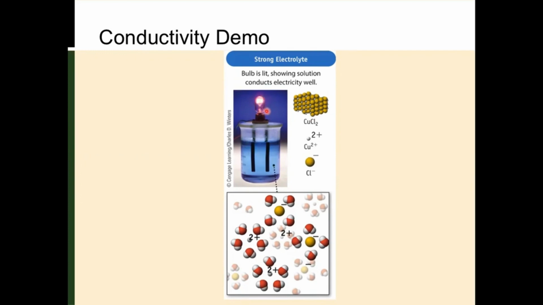This is a tungsten filament bulb, most likely, so it works as a kind of resistor. It's an old-fashioned bulb where the amount of current that flows through leads to a brighter light. So this case is a strong electrolyte. You can see that it's a very bright light. It's got this white glow to it.